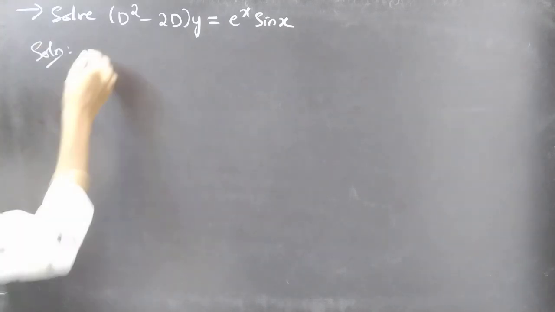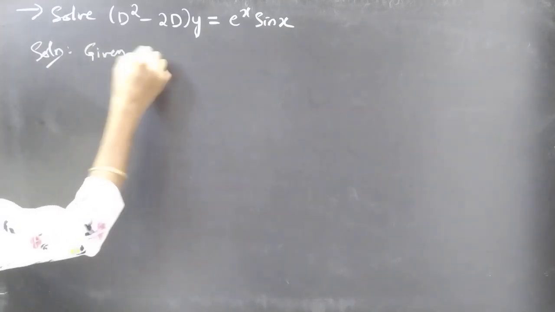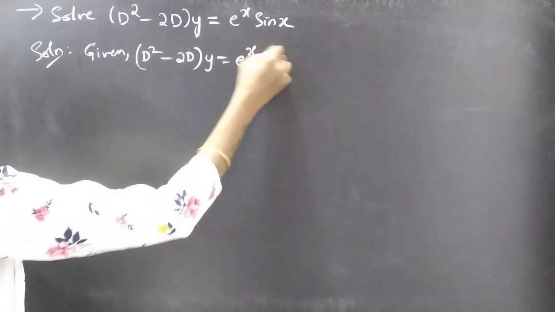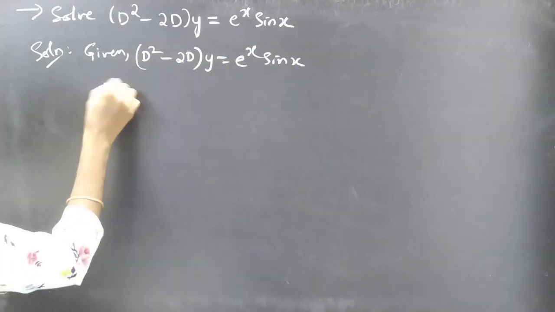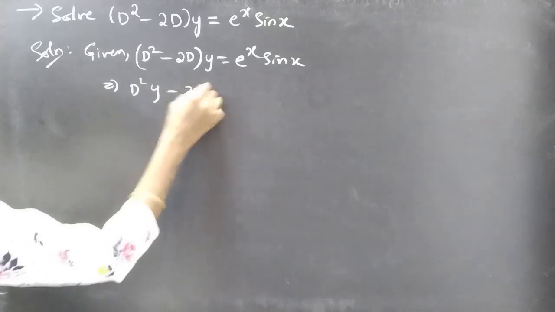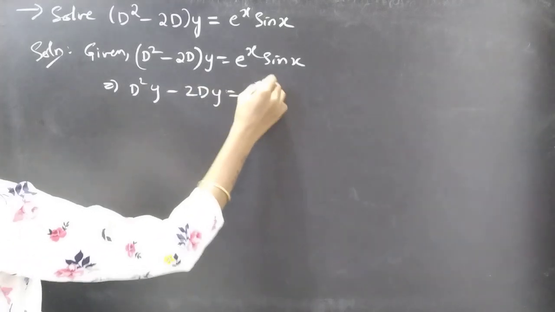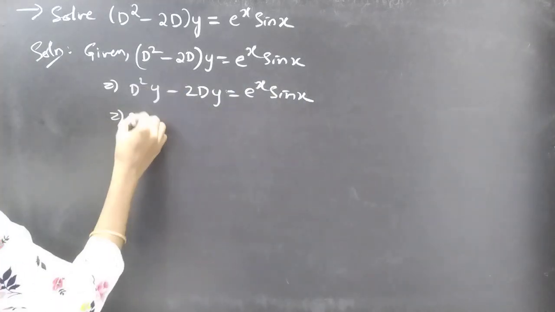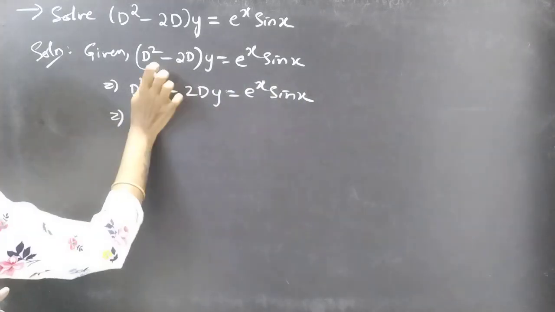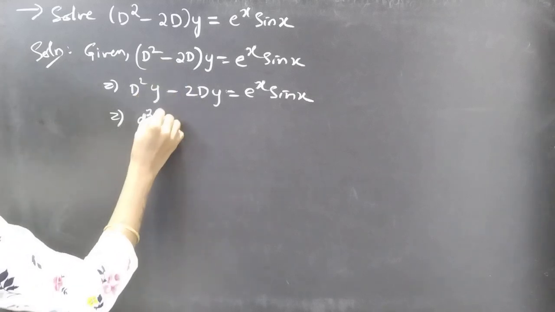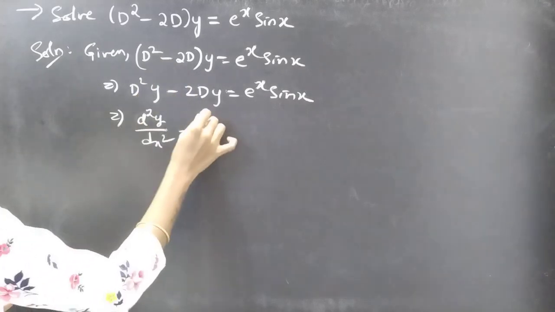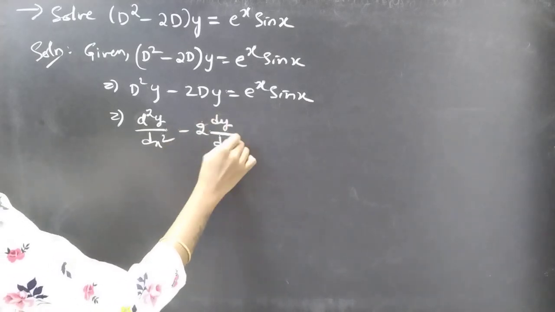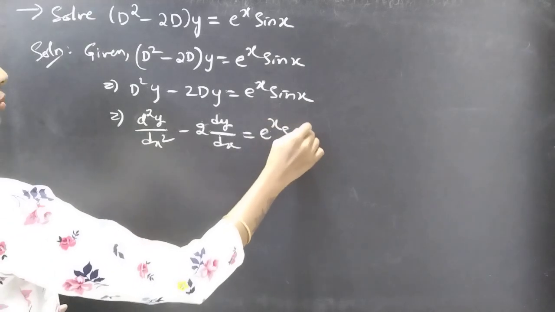We are given a differential equation (D² − 2D) y = e^x sin x.